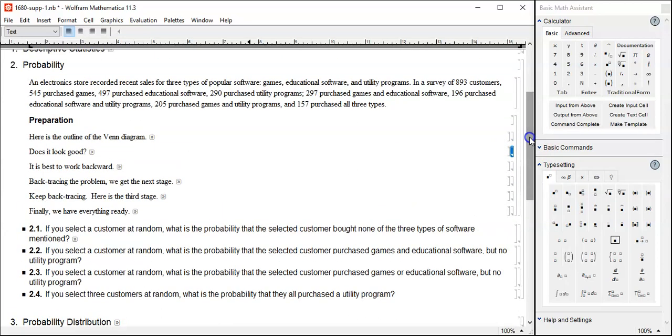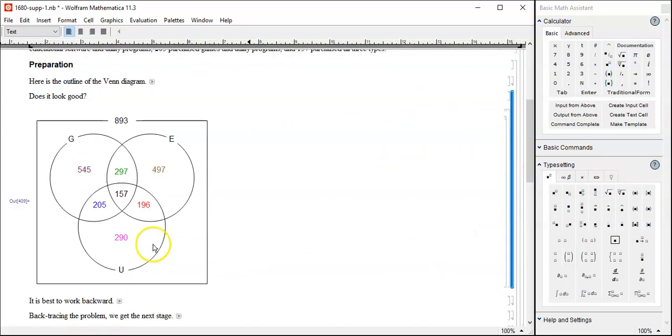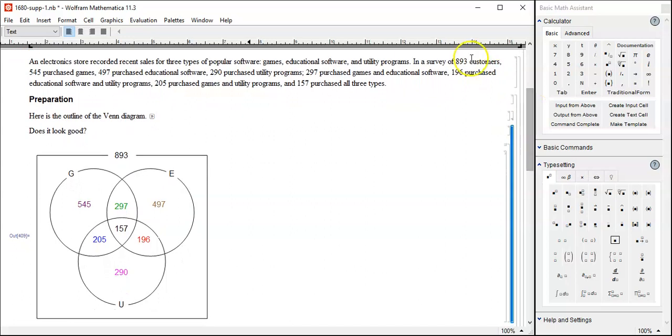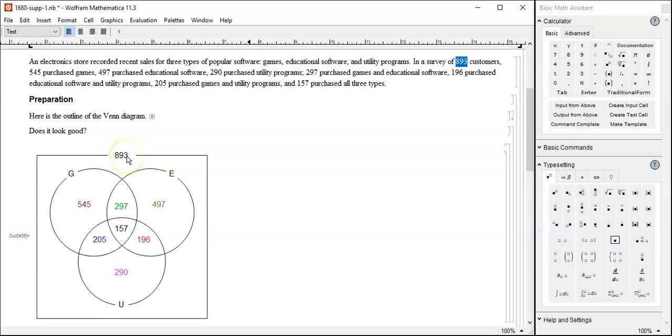So how do you work it out? My suggestion is to work backward. It is best to work backward. Among all these numbers put in, there are exactly 2 numbers that are correct. One is, of course, 893. That's the grand total, so that's obvious.